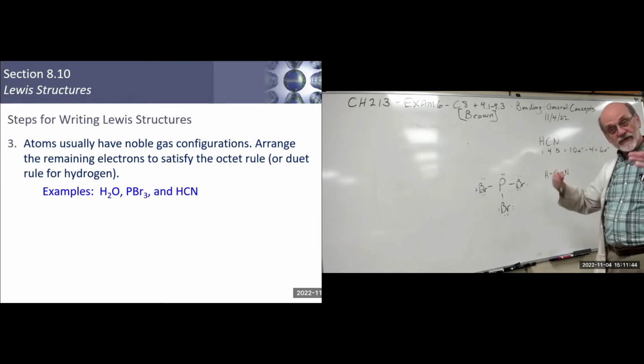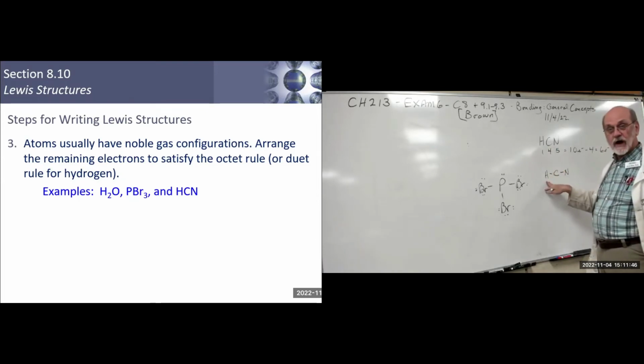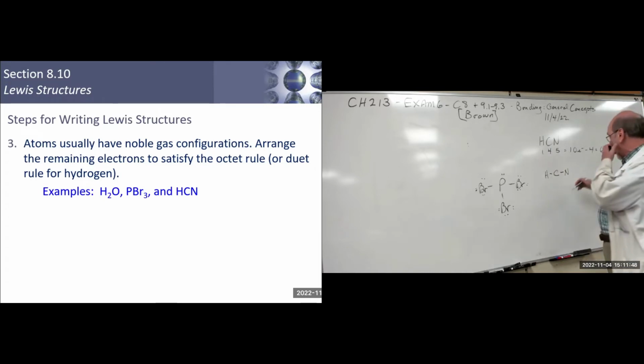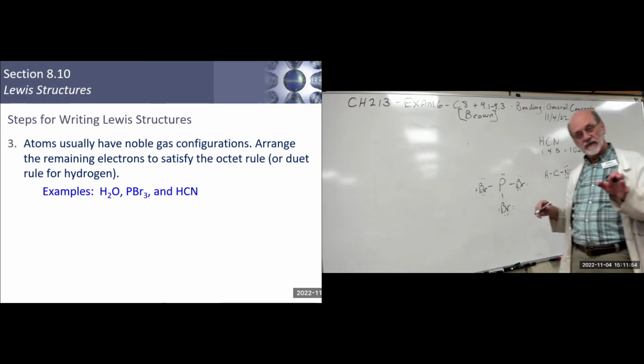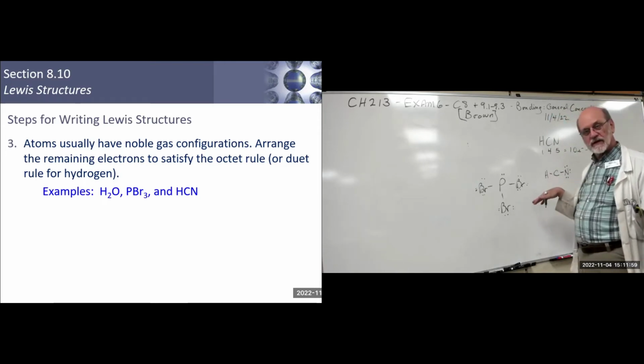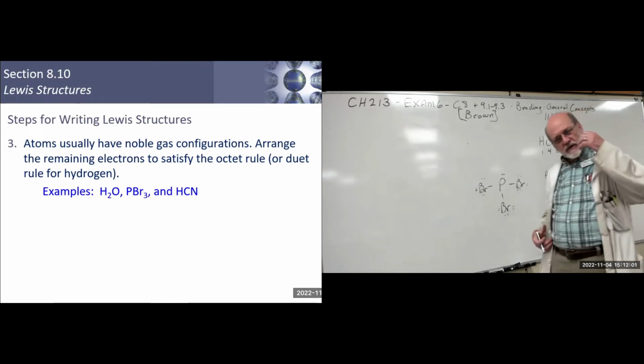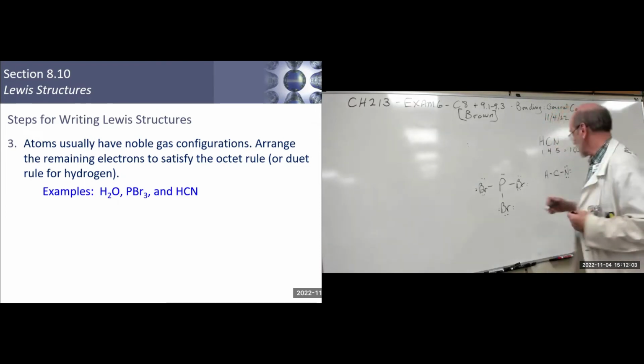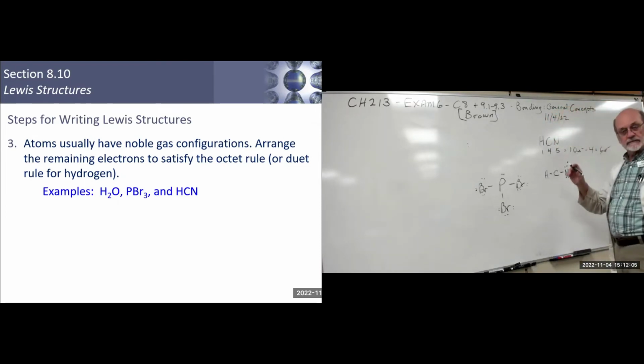Well, we have to start from the outside. Hydrogen's already got 2, so we can't do that one. So we put the 6 electrons here. Now nitrogen has an octet, but carbon doesn't. Carbon's only got 4 electrons. So how do you move those electrons around?